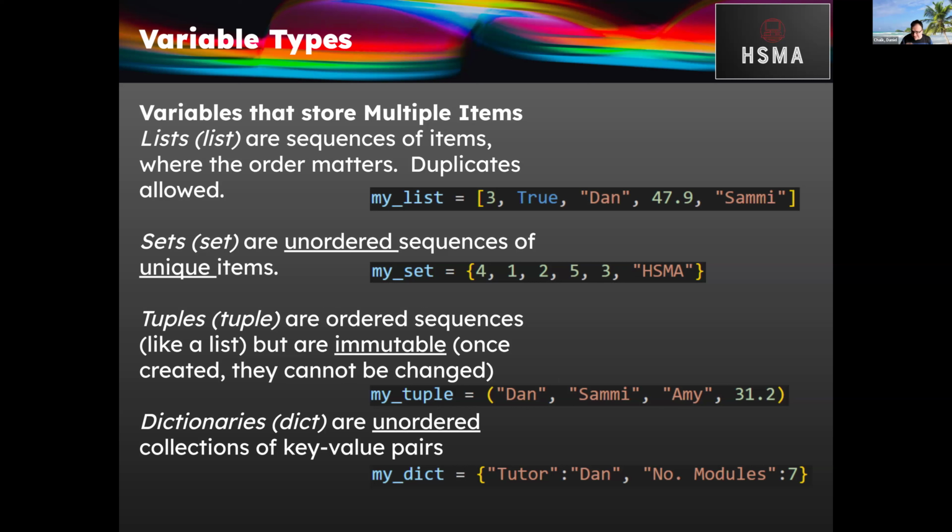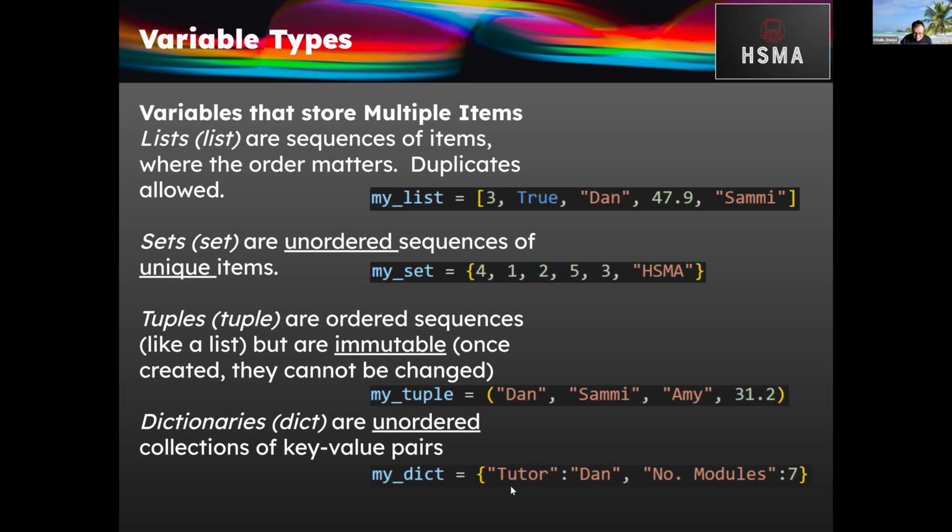Now we'll talk more about dictionaries later, but basically each value is essentially a pair. So you have a lookup value, which is your key, so the thing you'll use to look something up, and then the value that's associated with that key, and they are separated by a colon.